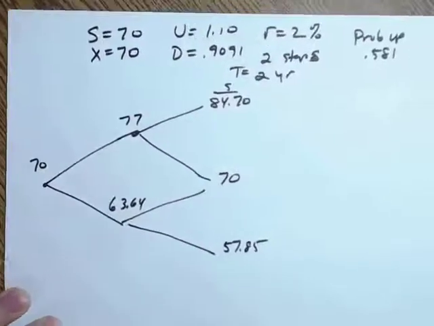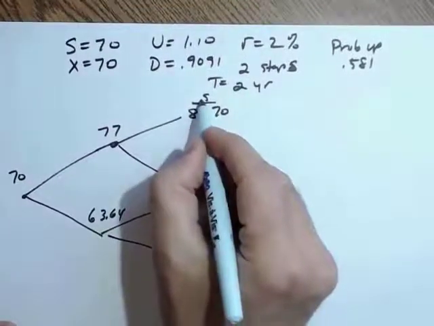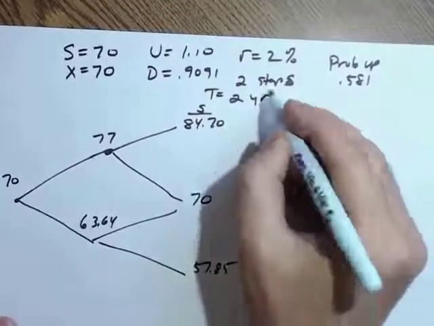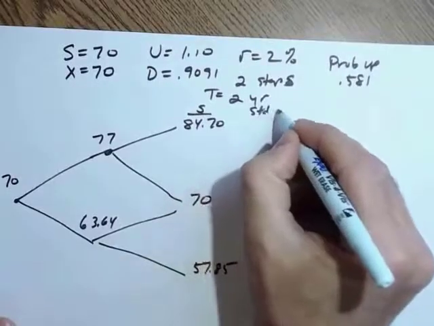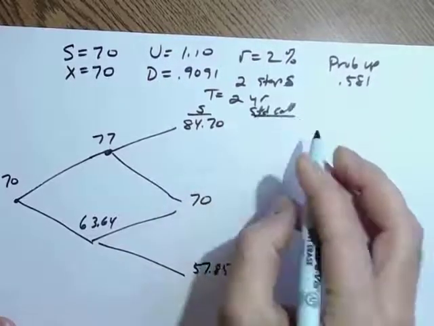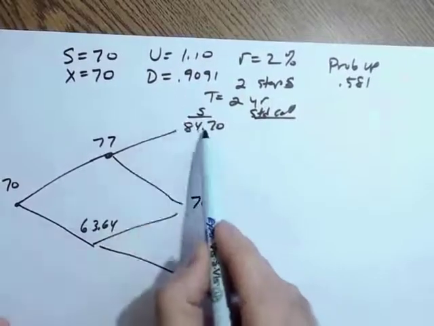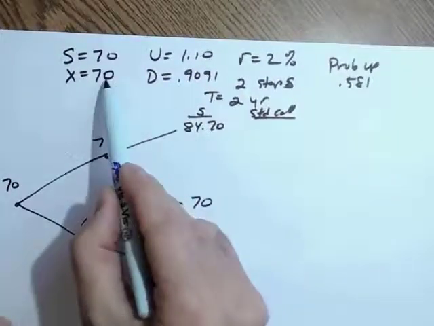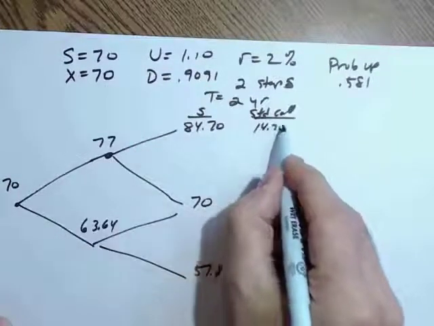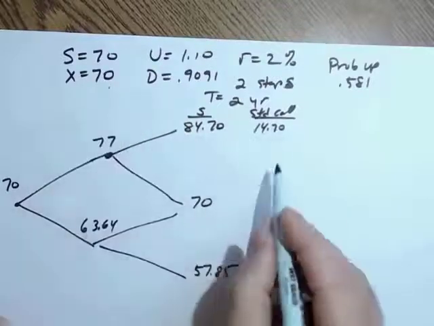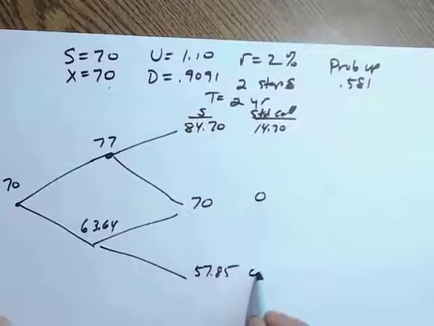There is our new lattice for the stock price. Just as a reference, your standard plain vanilla call will have a payoff of the stock price minus the strike: 84.70 minus 70, 14.70. 70 minus 70, 0. This is out of the money, 0.